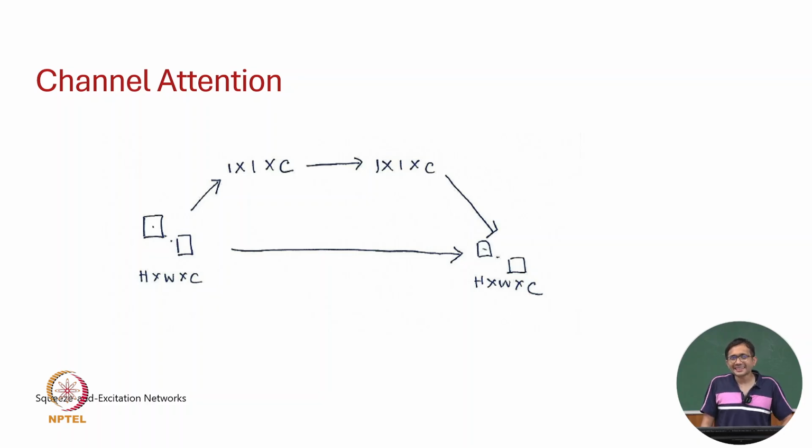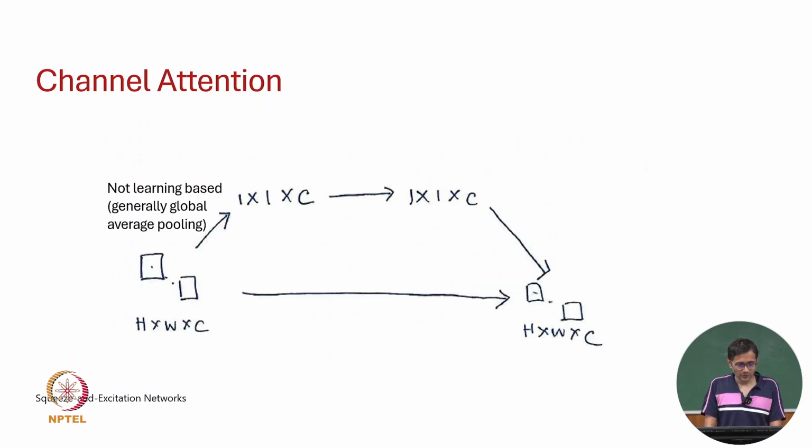And then we want a learnable step of importance. From H cross W cross C, we have one step which is not really learning based, generally implemented using global average pooling. So using global average pooling, without any learning, we are getting from H cross W cross C input to 1 cross 1 cross C.